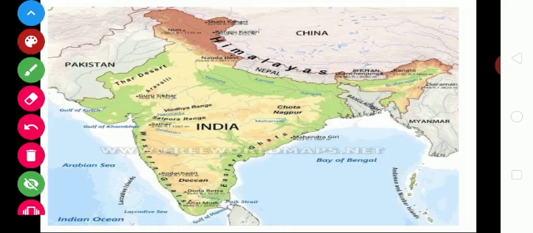On either side of the plateau stretch the Eastern Ghats and Western Ghats. This is the Deccan Plateau and it is flanked by the Eastern Ghats and Western Ghats. And then the coastal plains.